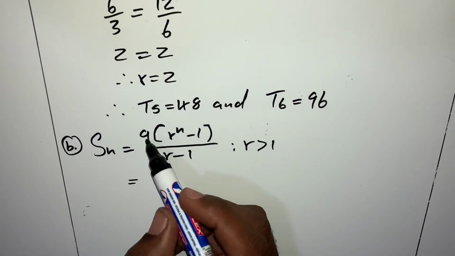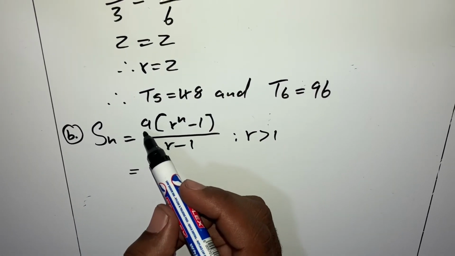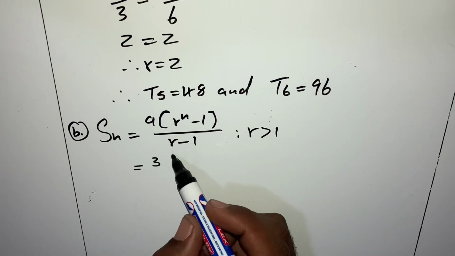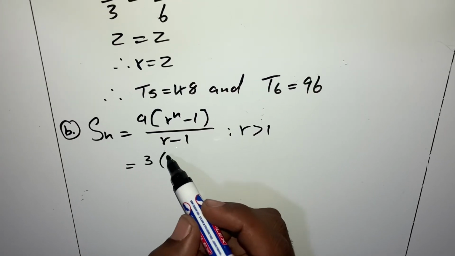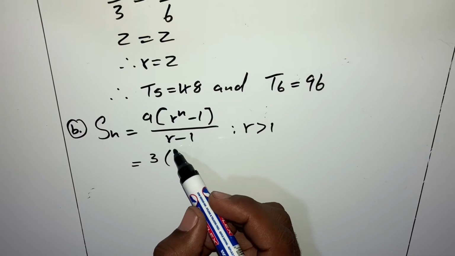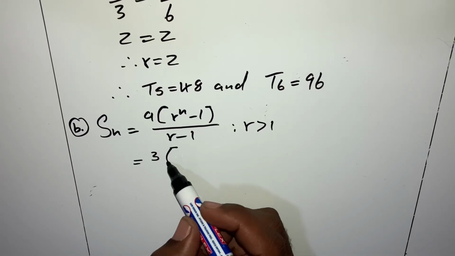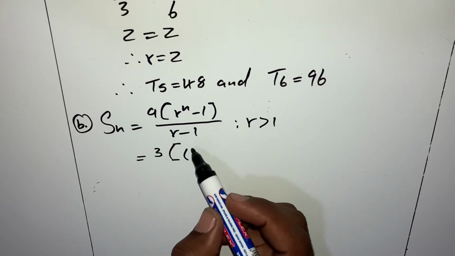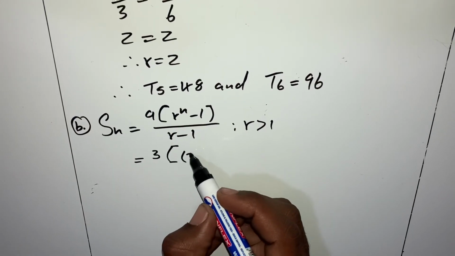Our first term for this sequence is 3. For our r we got 2.